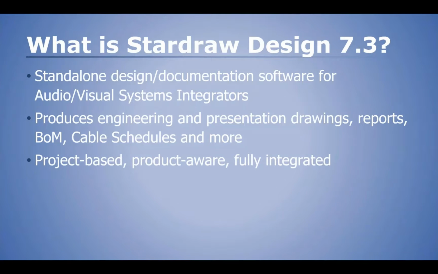The architecture of Stardraw Design 7.3 is project-based, and this means that in one file you have all of the information about that project. Projects are made up of products. So when you're working in a drawings view or in any of the other views and you're adding products, you're adding those products into the project and you're building an underlying product database within the project.